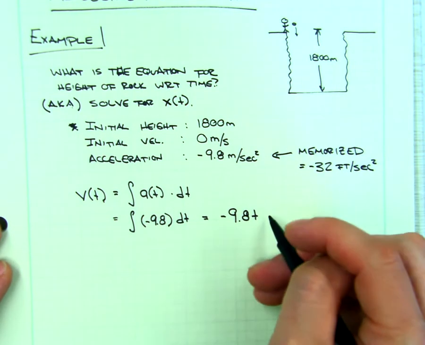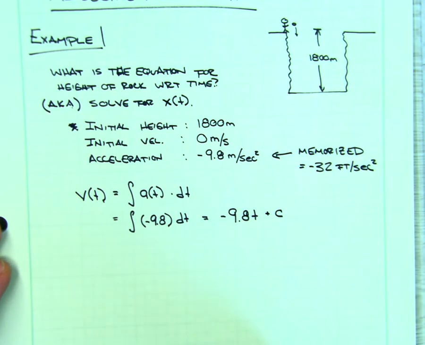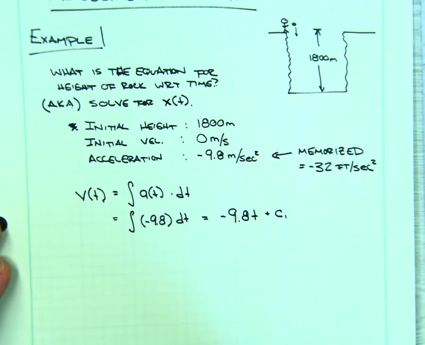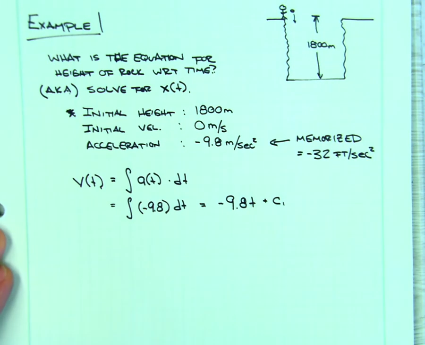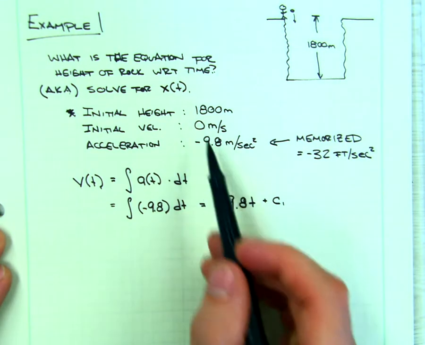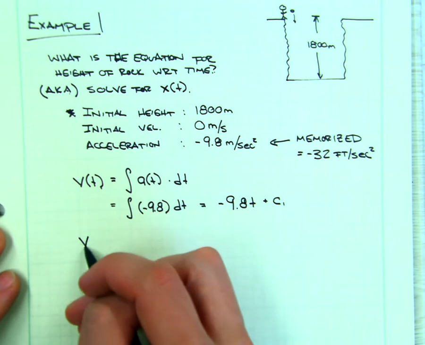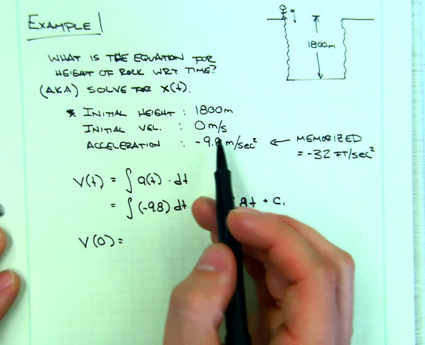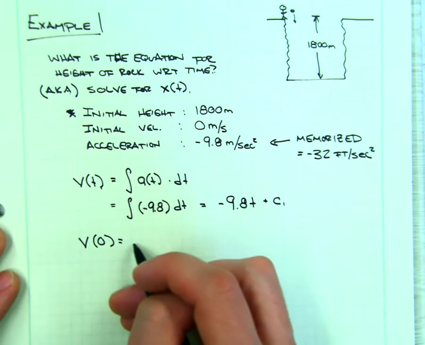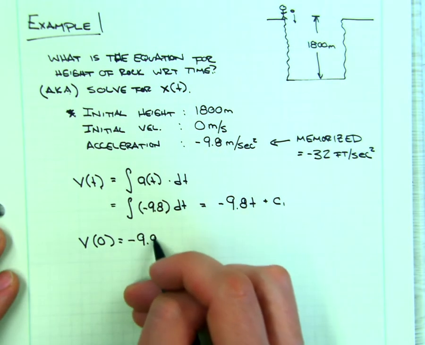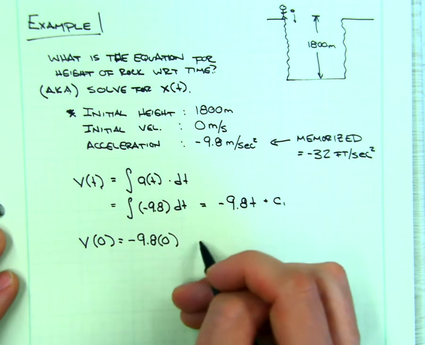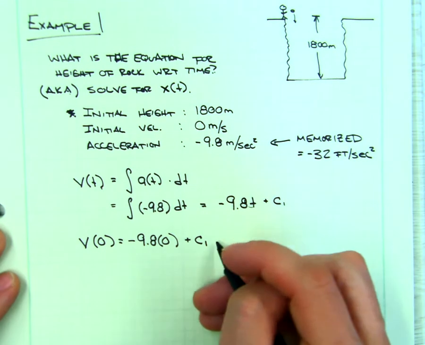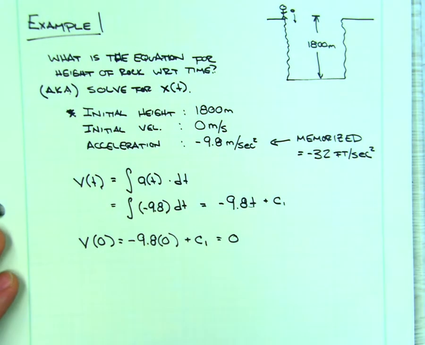I'm integrating with respect to t, plus, of course, there's a constant. I'll call it C1. In order to get rid of this constant, or at least to solve for what it is, I need the initial condition, in this case the initial velocity. So here I can say V sub 0 is going to be, I know what my initial velocity is, it's 0. So V sub 0, I'm going to plug 0 into my equation, negative 9.8 times 0, plus C1. All I'm doing is, everywhere there's a t, just plugging in a 0. And this is going to be equal to 0, because remember, the initial velocity is 0.